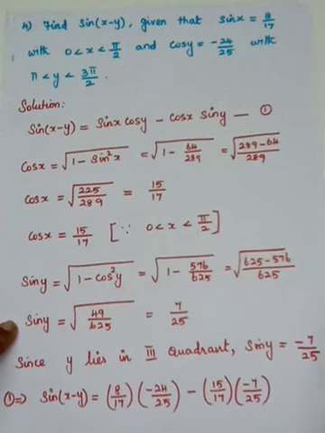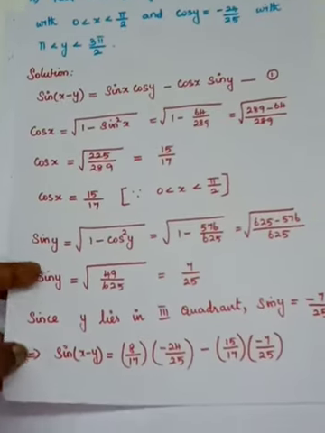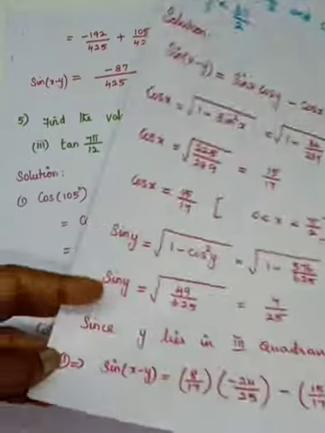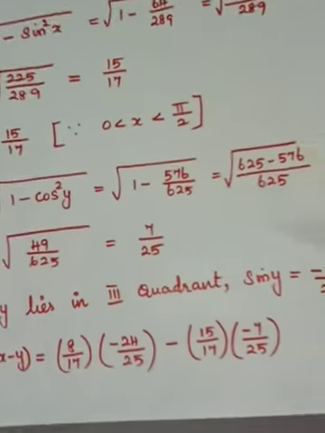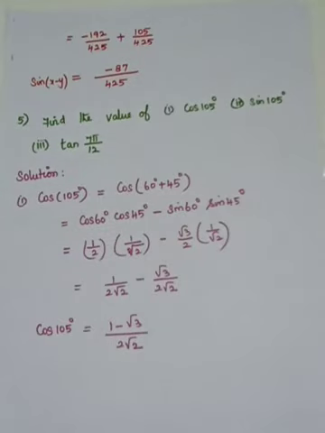So if you simplify, you will get the answer as minus 192. So 8 into minus 24 is minus 192 divided by 17 into 25 is 425. And here minus into minus plus 15 into 7 is 105 divided by 425. So if you subtract, your answer is minus 87 by 425.